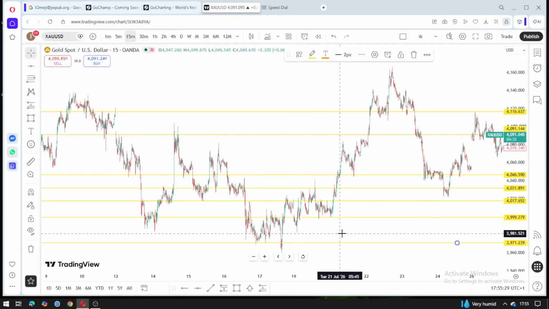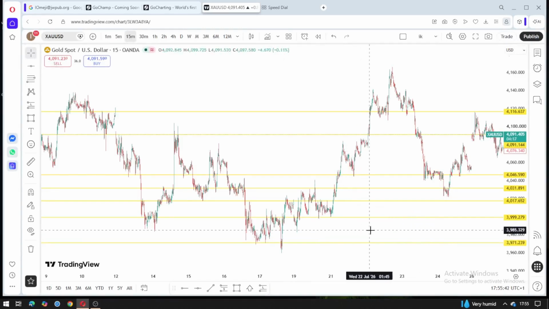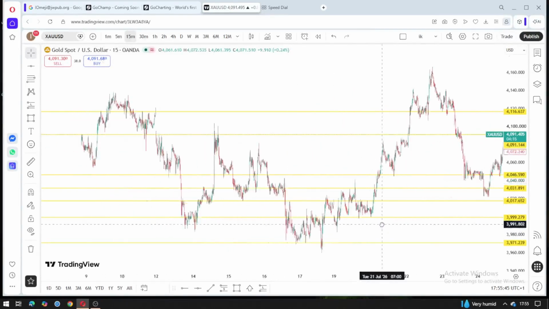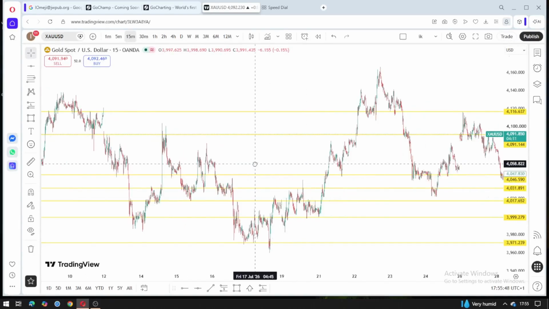So here can be support. You see, I just focused on marking the obvious highs and obvious lows where a reversal is taking place. You can do that. Remember, we're not marking into the past. It's based on what we originally had on our screen that we're marking.